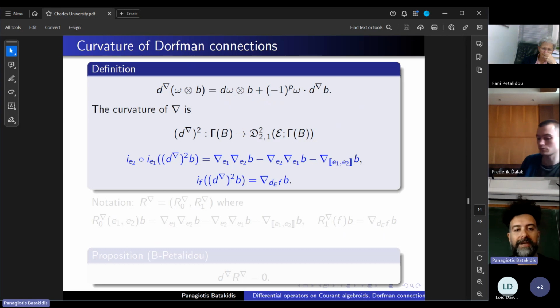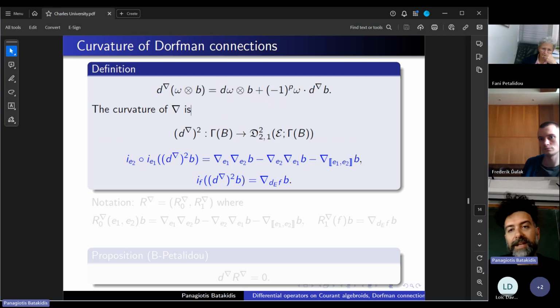And so here's the interesting thing, that if you simply define the curvature of this Dorfman connection to be just the square of this derivative, you pretty much expect not to get some tensor, right?